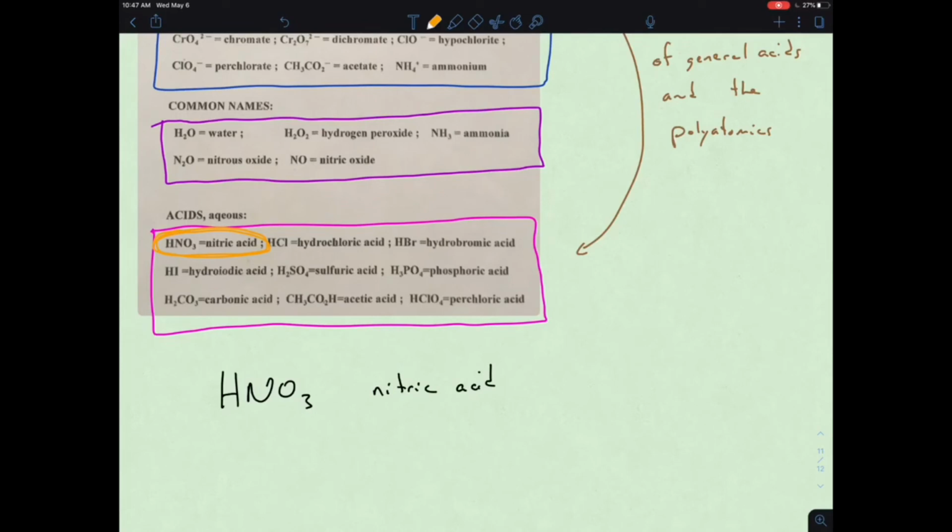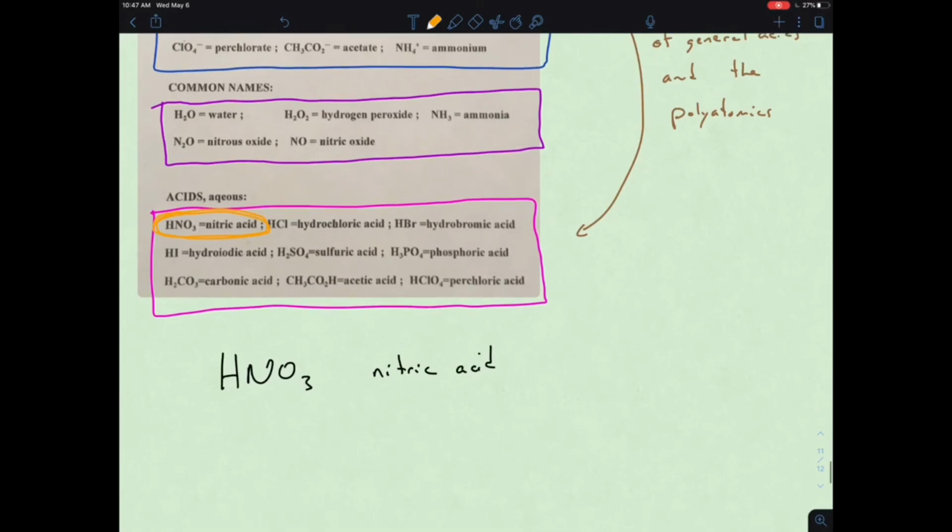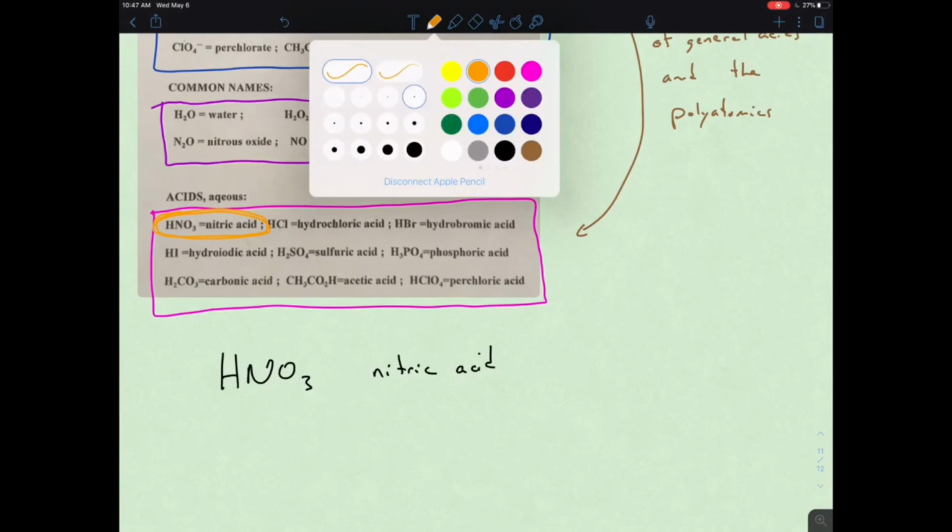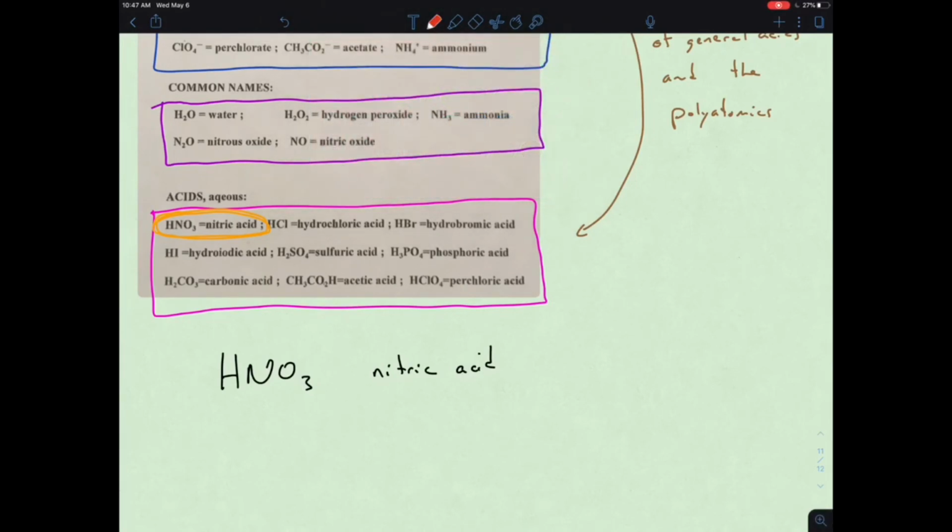So if we look at HNO3, realize this is like any type of metal, non-metal, meaning here is our metal. I know it's weird because of our hydrogen, but this is a 1A element, so it has a +1 charge.